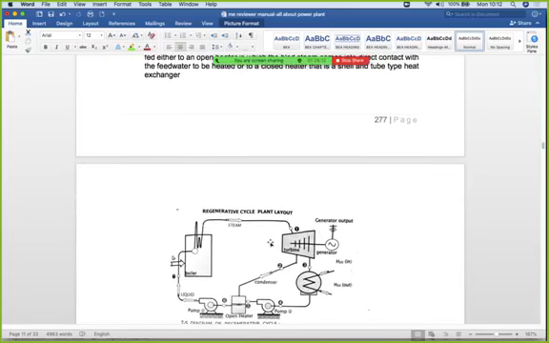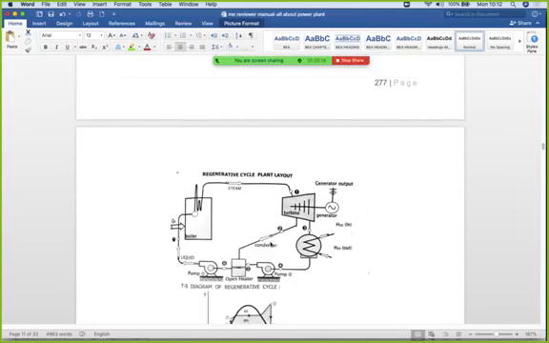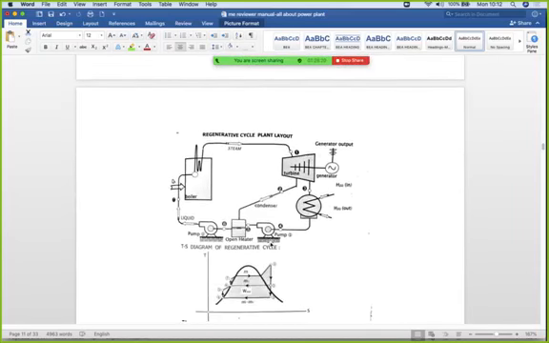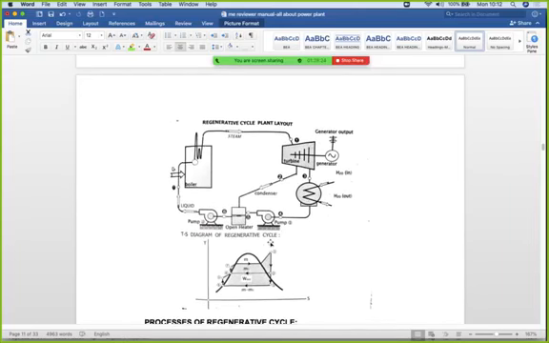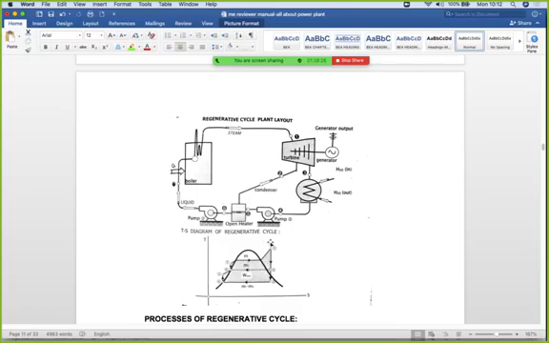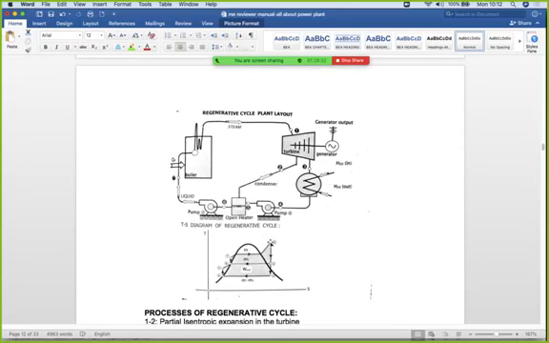So this is now the regenerative cycle plant. These are the types of plant being used nowadays to increase the efficiency. So aside from the reheat, we have the regenerative cycle. Where is the regenerative cycle? The reheat is inside the boiler, but the regenerative provides for the open heater, here between the two pumps.